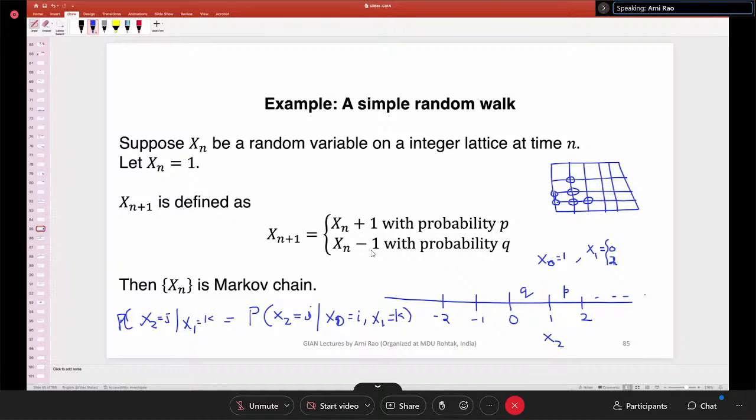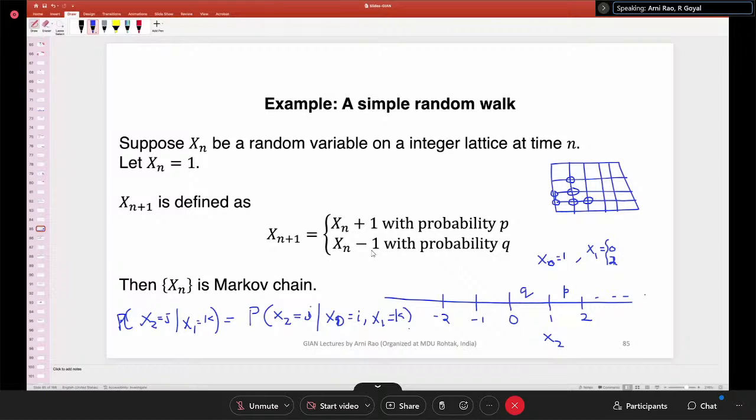Yes, this holds. A recursive process defines a Markov chain only when the process depends only on the last term; only one previous term determines the next value, not all the previous values.